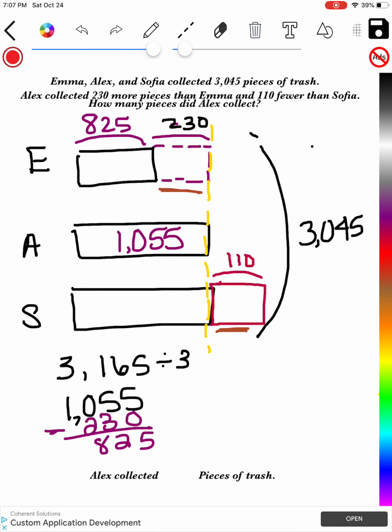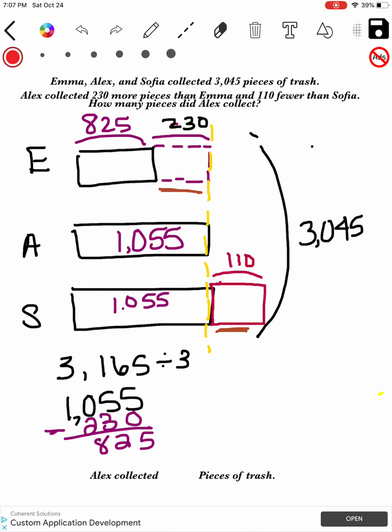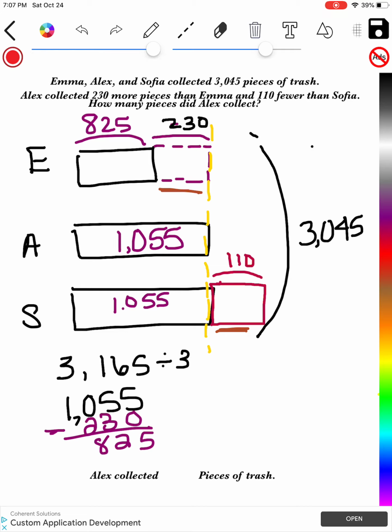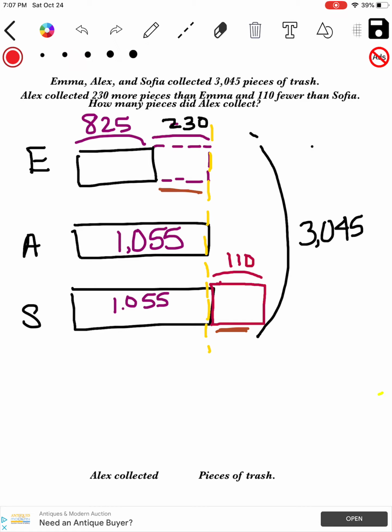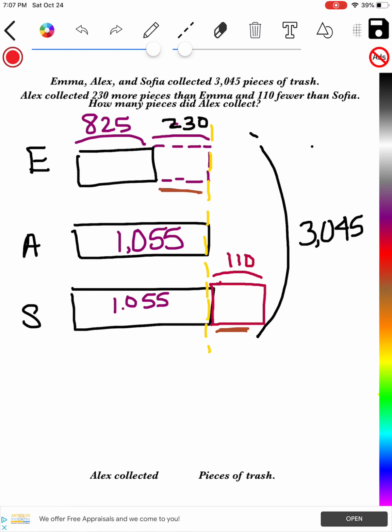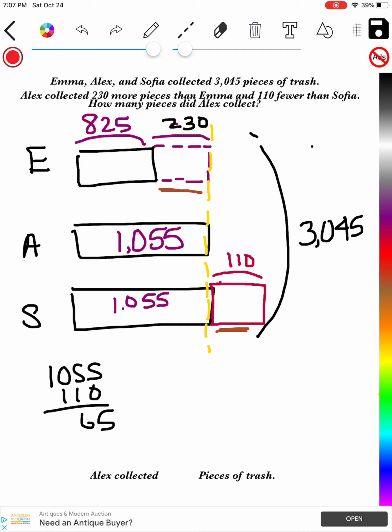And if we were going to see what Sophia collected, we know that the first part of her bar is 1,055. We would add in that 110 because she collected 110 more than Alex. And Alex has the unit rate here. And together, her two pieces are 1,165.